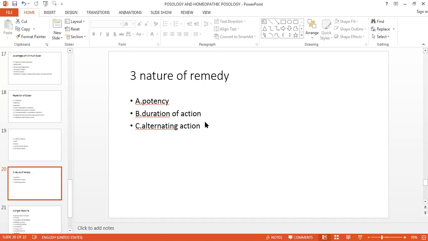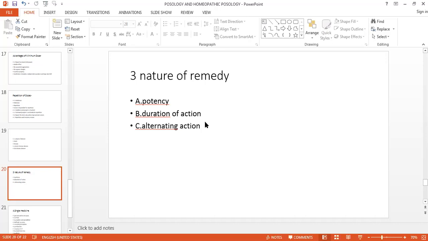But in the acute case, there are certain instructions about this repetition of the medicine given by Dr. Kent. So he said that when the patient comes in a standstill condition and says that I have not had any difference, in that case the first medicine should be repeated.